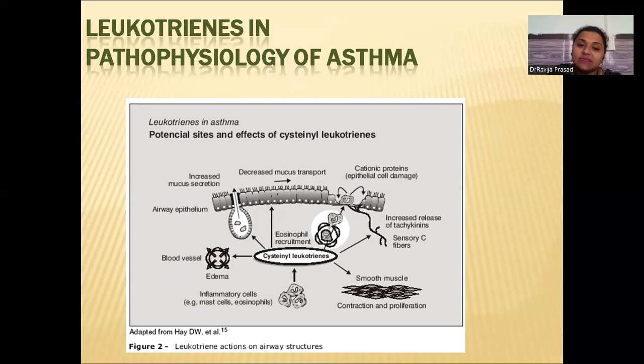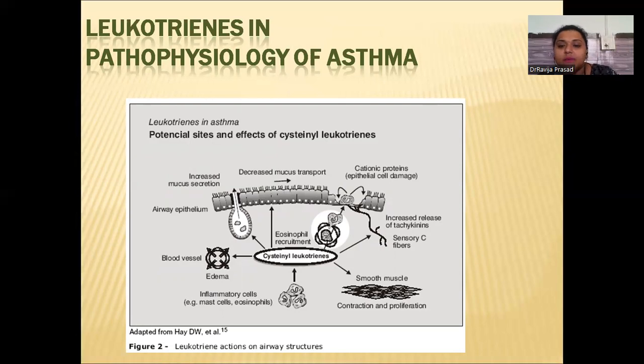This is the airway epithelium, which decreases. If there is an increase in mucus secretion, then it leads to decreased mucus transport, which leads to eosinophil recruitment, which leads to epithelial protein toxicity and epithelial damage. Why is there epithelial cell damage? Due to the protein toxicity, which we have already seen in asthmatic cells in the previous picture.